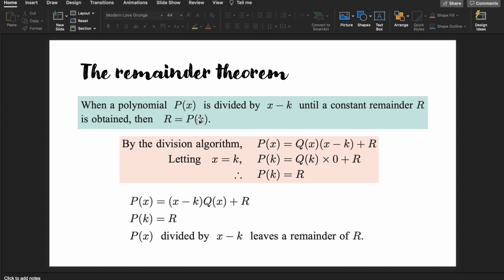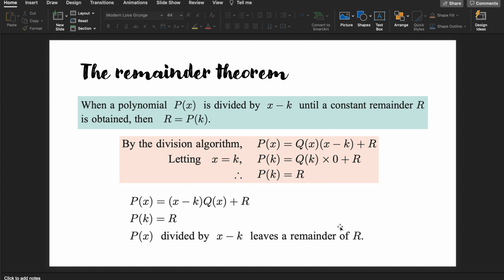So if we put the value of k into the equation, we get p of k equals q of k into k minus k. It doesn't matter what value of quotient we get, but we just need to notice that this becomes 0. So this whole term becomes 0 because anything multiplied by 0 is 0. So we are left with the remainder. That's how we prove this, and that's how we know that this statement is indeed true.